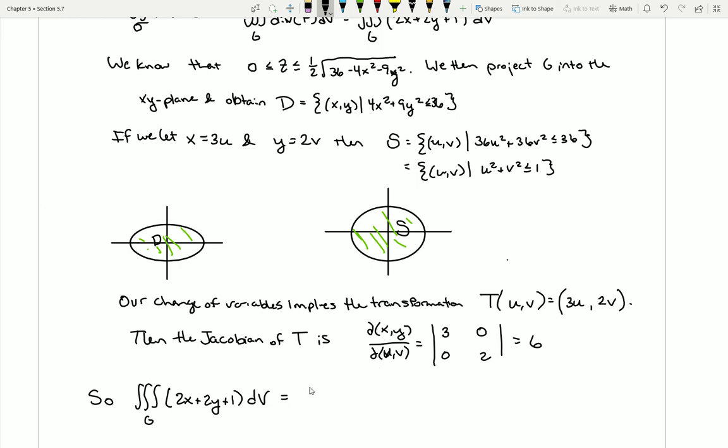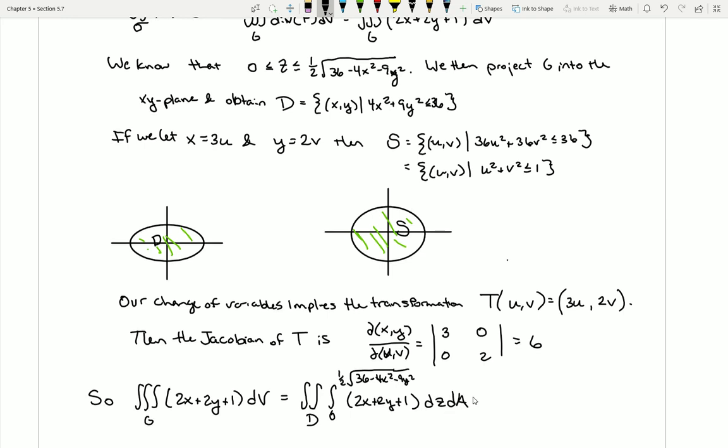We now have a double integral on the outside over D, and our inner integral had bounds on z of 0 to 1/2 times this gigantic radical. Let me continue to write this in here. Plus 2y plus 1, and we had dz and then dA, our remaining area.